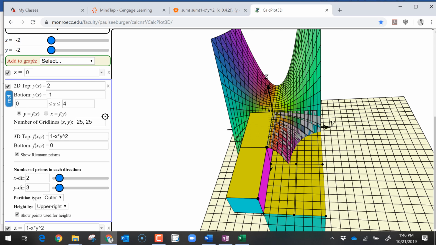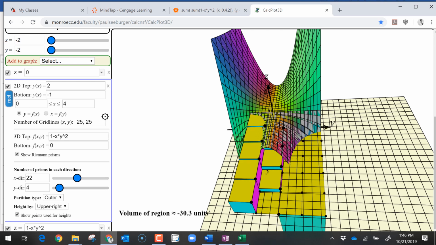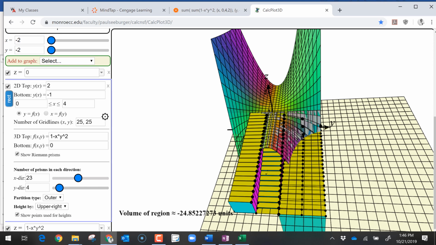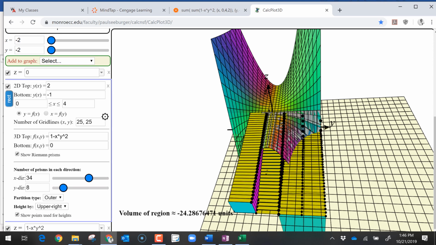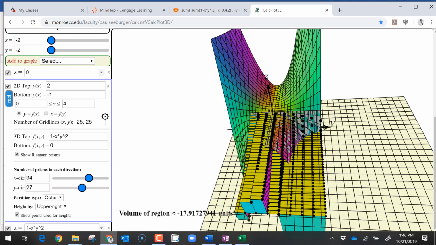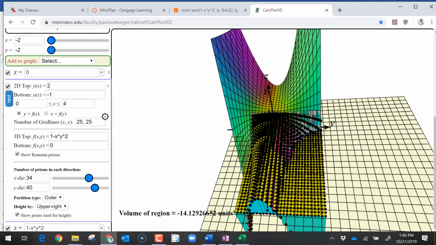And so what we would like to do is, if you increase the number of partitions in both directions, you're going to get a more and more exact answer, right? Just like if we increase the number of rectangles, we get a more exact value. So let me show you.